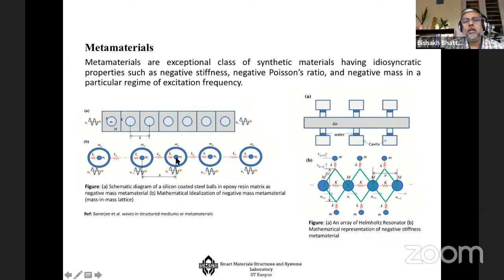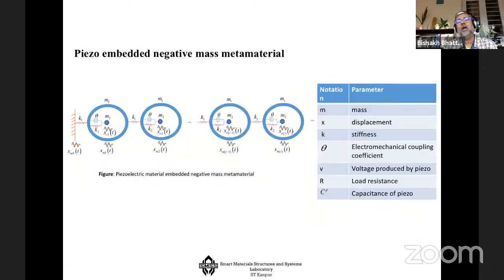And by controlling the frequency of each one of them, you can generate a sort of negative inertia under certain frequency bands. You can see here that there are these repeated units, and each unit has a mass inside and a piezoelectric coupling. This theta is a piezoelectric coupled system.